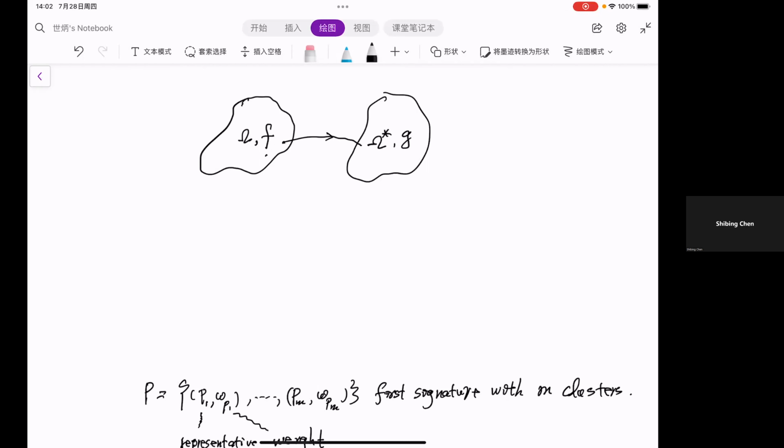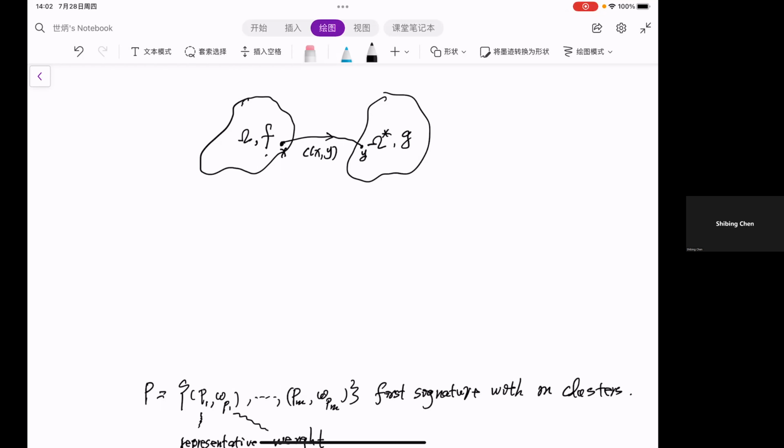To define the cheapest way, you need some cost function. For example, if you transport unit mass from location x to location y, the cost is c(x,y).